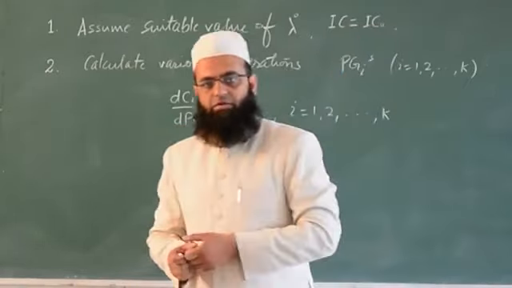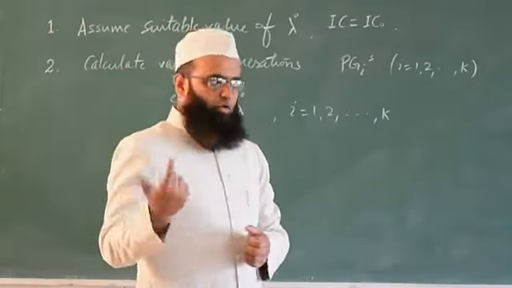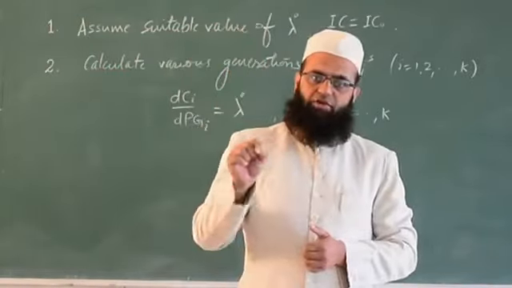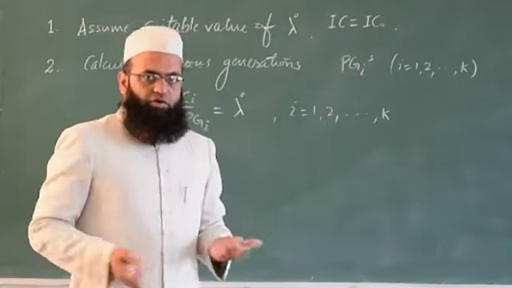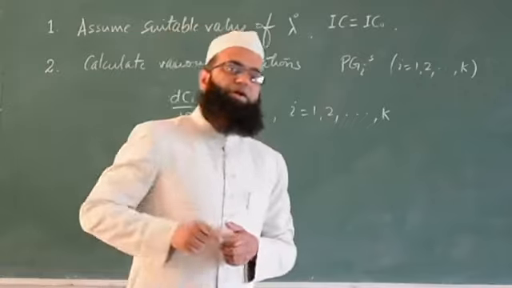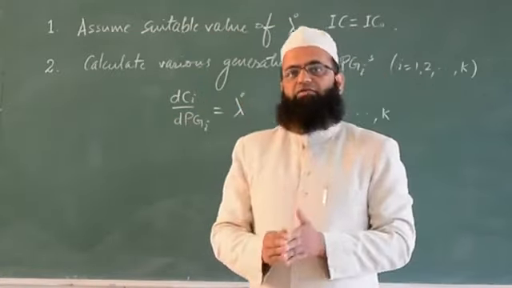If lesser than PGI min, then PGI will be PGI min, or if more than PGI max, then PGI will be equal to PGI max. Then the remaining load of the load demand PD will be distributed among the remaining generating units.